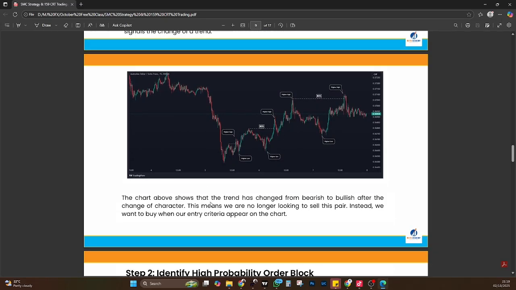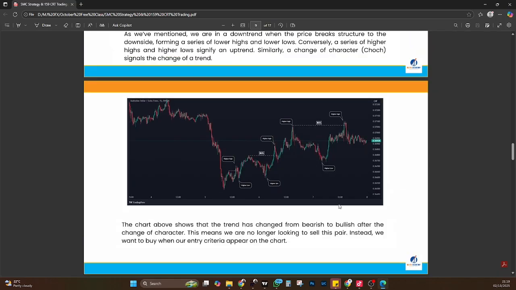The chart above shows that the trend has changed from bearish to bullish after the change of character. This means that we are no longer looking to sell this pair. Instead, we want to buy when our entry criteria appear on the chart. Very important.